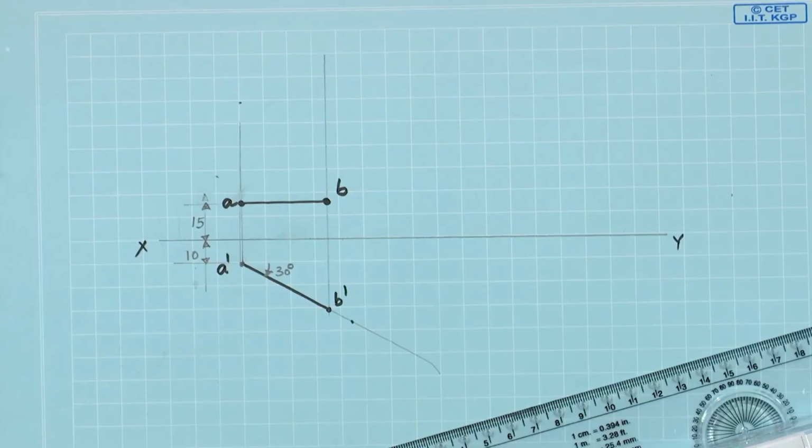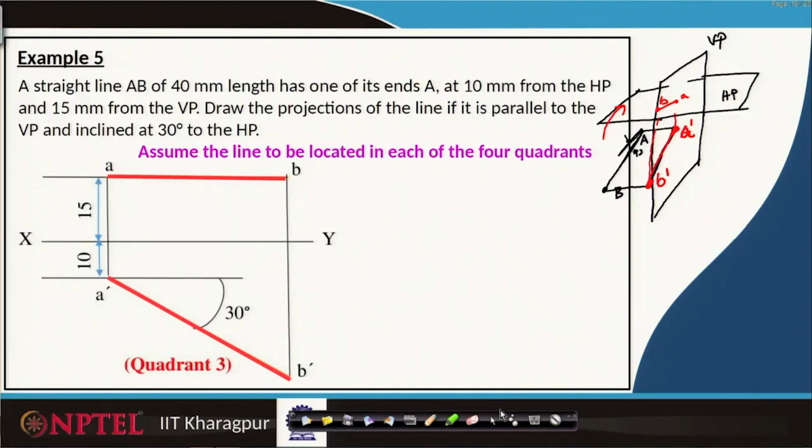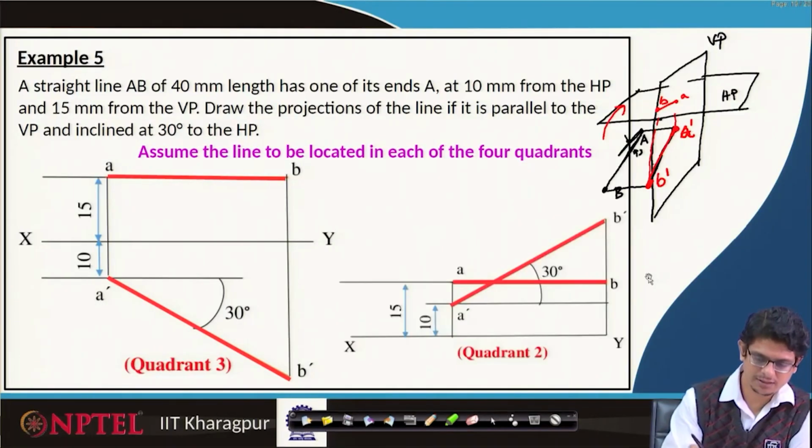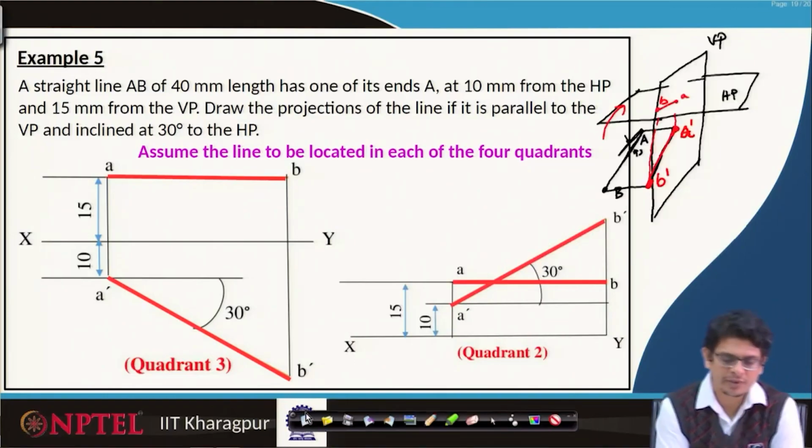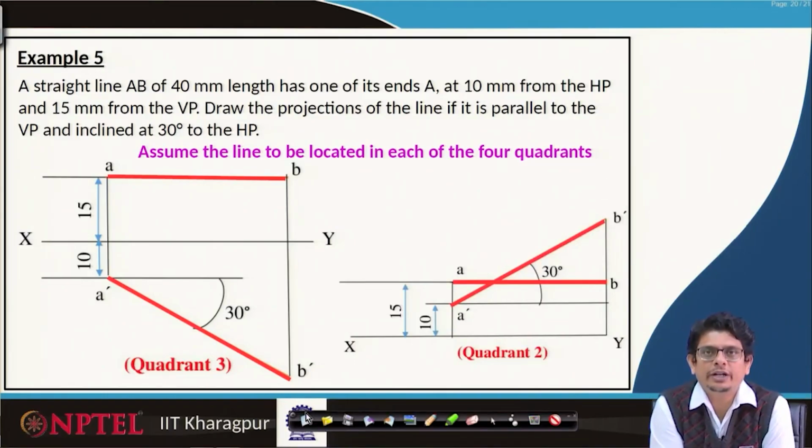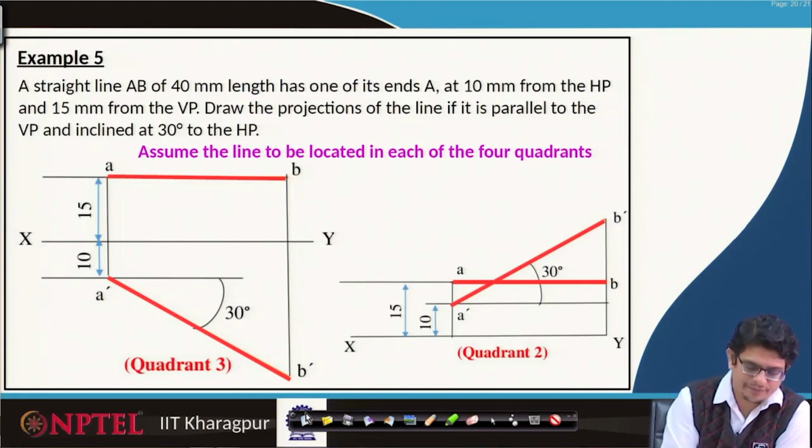Let us ask a question. If it is in second quadrant, how it looks like? Again what we have to do?